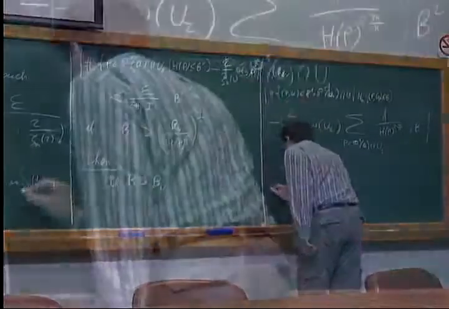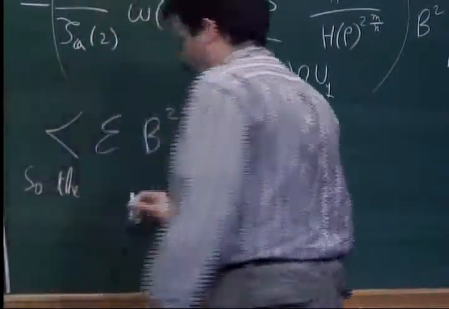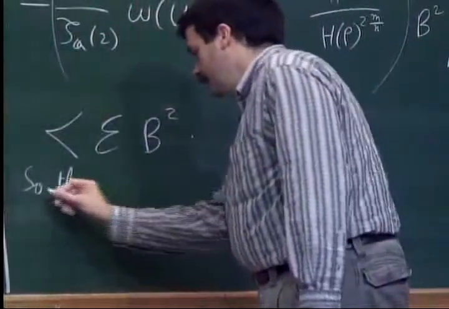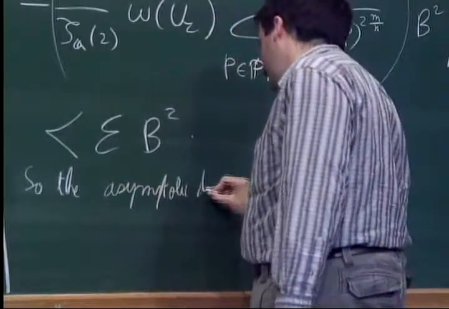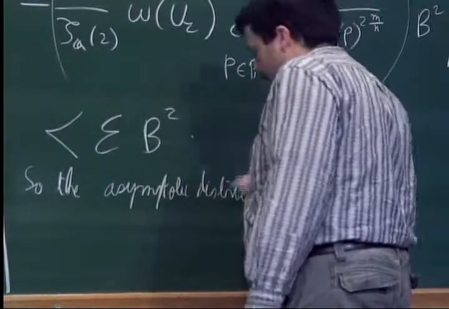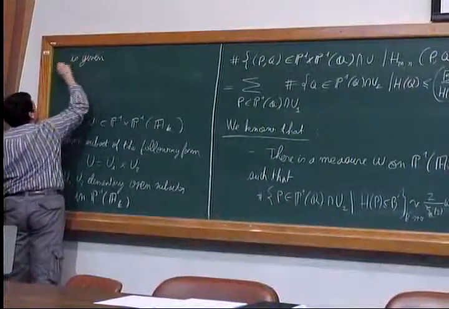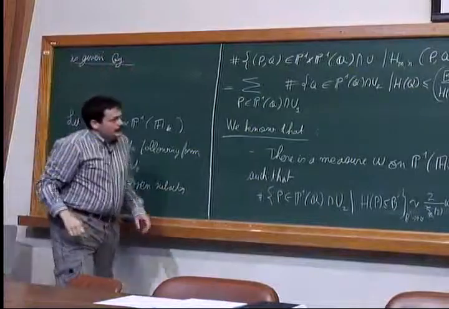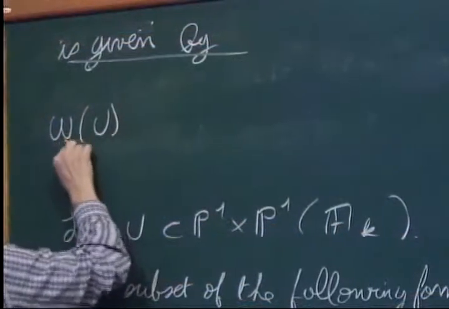So the asymptotic distribution is given by, well, the volume, well, for M on N of some open subset U should be something like that.